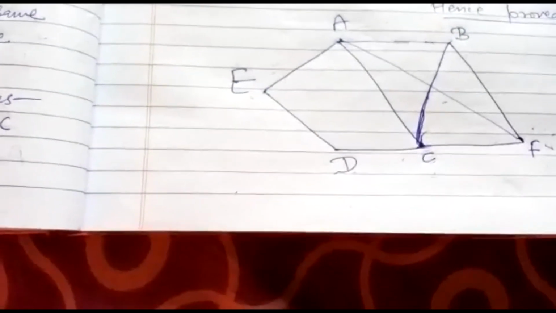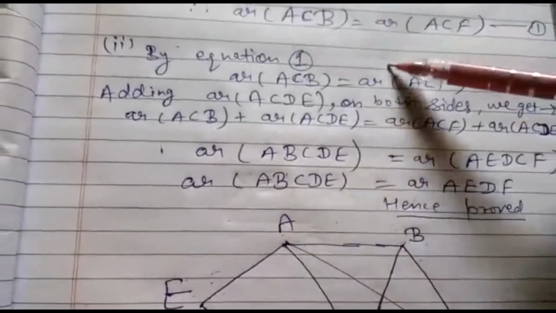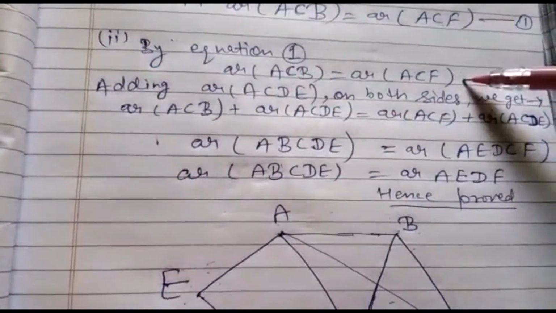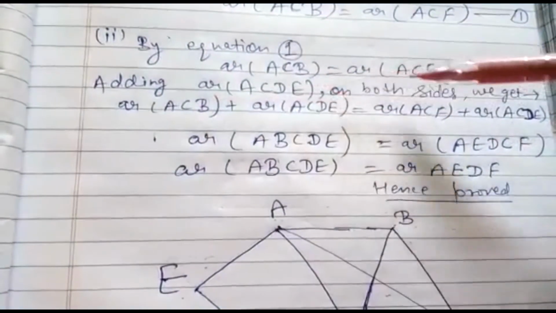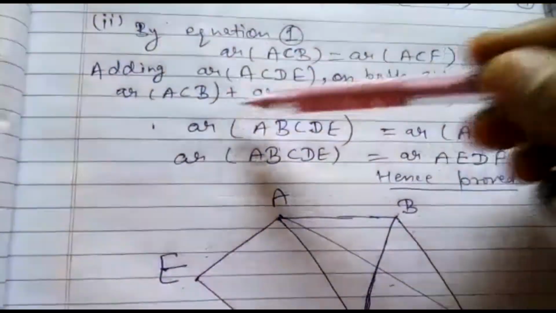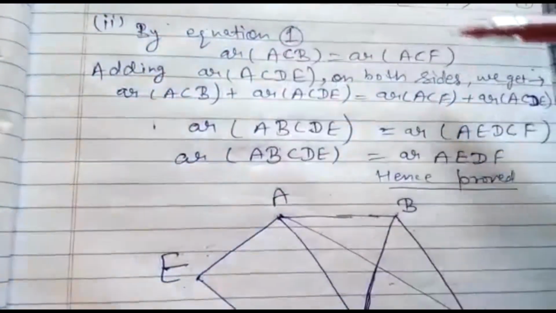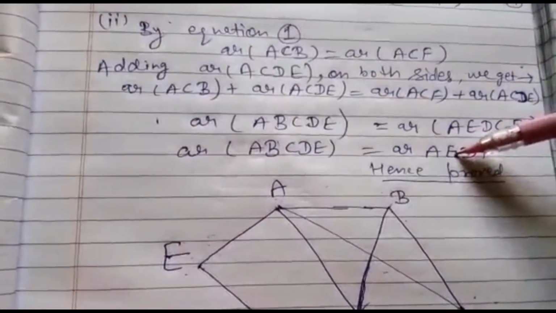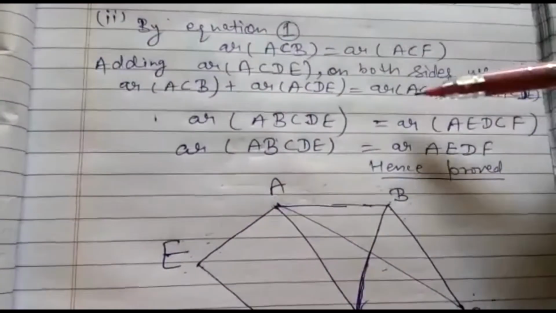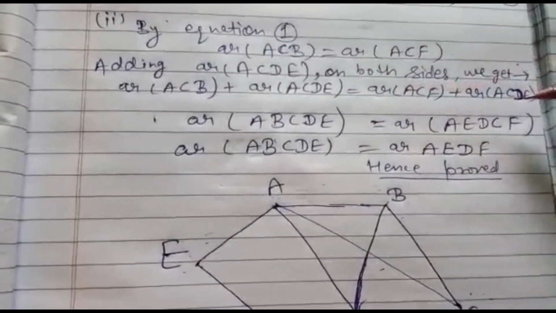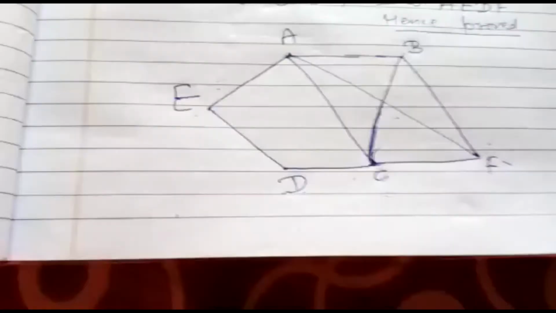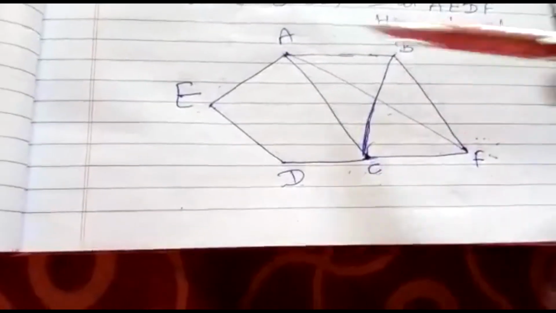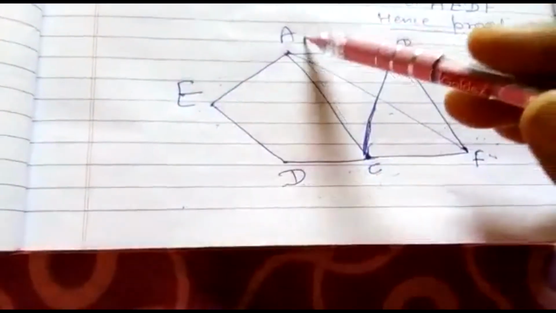That is what is written now. By the first equation, we already have the areas of the two triangles equal. Adding area ACDE on both sides, the left hand side and the right hand side, we get our result, whatever we have to prove. Here we can write ACF plus ACDE, which gives AEDF.